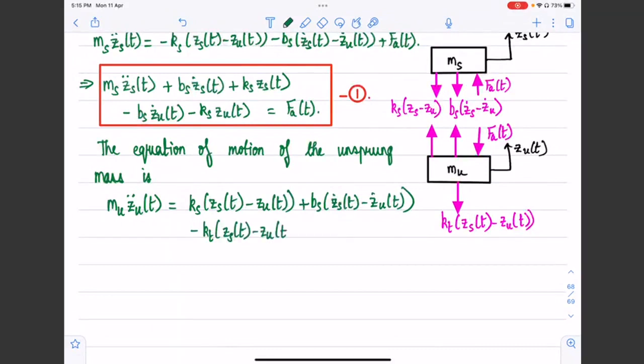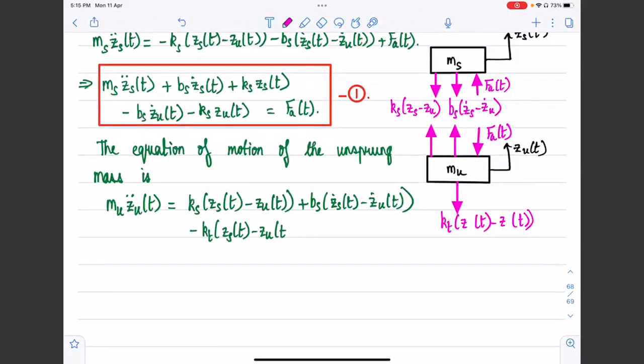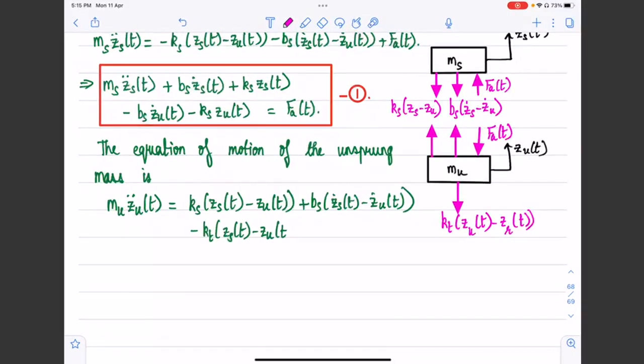Oh, sorry, not Zs minus Zu. I made a mistake here. Sorry about that. Let me retract. This displacement will be Zu minus Zr. For the tire stiffness, the vertical displacement, the extension of the corresponding spring, is going to be Zu minus Zr. So consequently, the equation also will change.